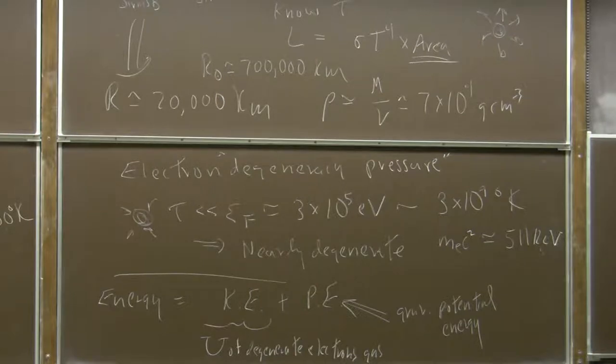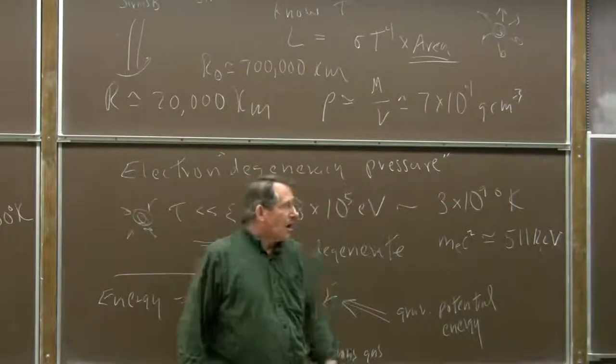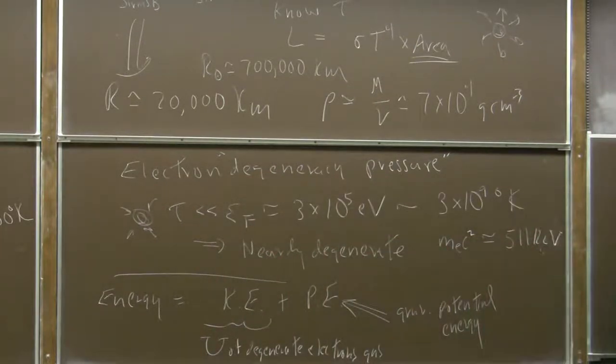So this function, kinetic energy plus potential energy, has h bar squared over mass of the electron. The n is the number of electrons, but it's essentially the number of protons. And so I can take n to be the total mass divided by the mass of the proton.